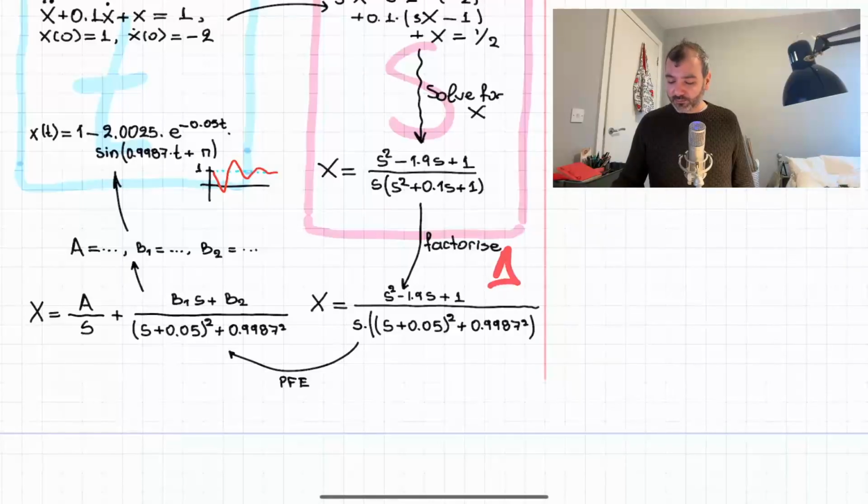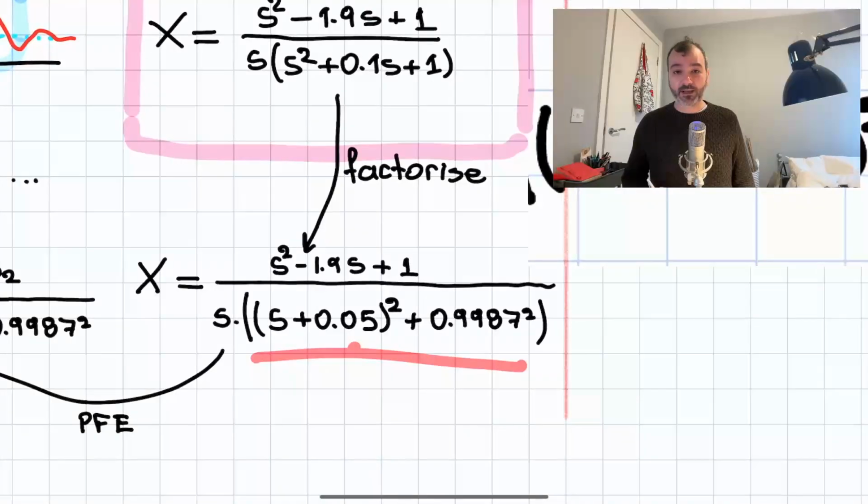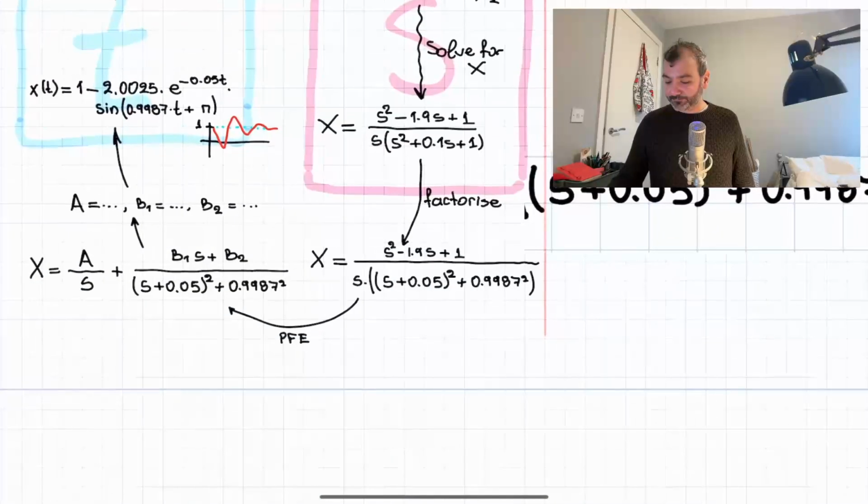You take the discriminant and so on and so forth, and you end up with this. So the poles are minus 0.05 plus minus 0.9987 j.